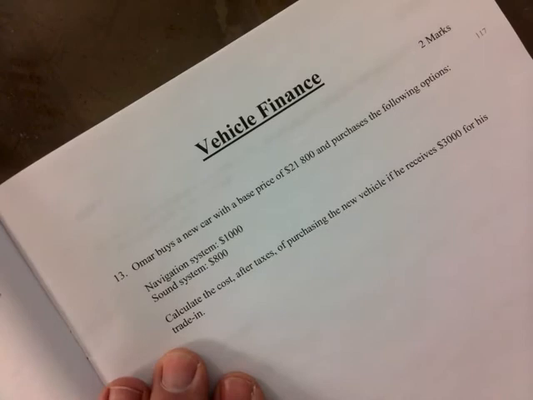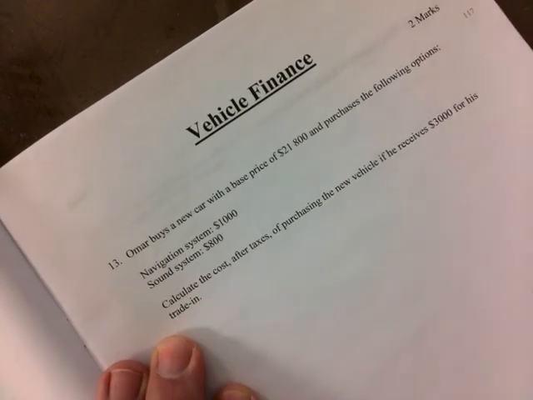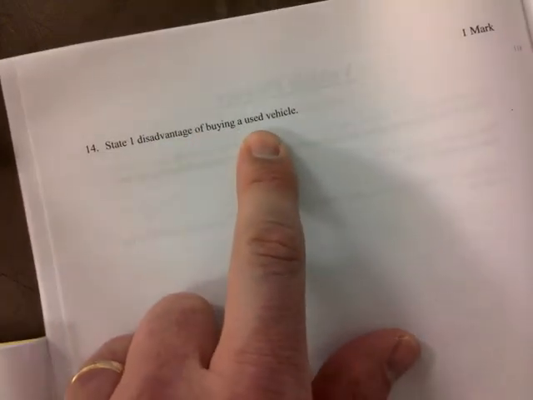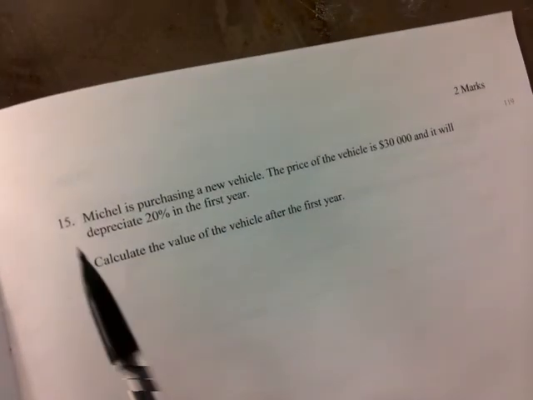I'm just quickly going to glance over the pink one. I hope you did the probability under the pink one, because I think it's pretty good. Here's vehicle finance. There's trade-in here. It's a new car with some trade-in, but you're also adding some extra options. One disadvantage of buying a used vehicle. There's another depreciation here.